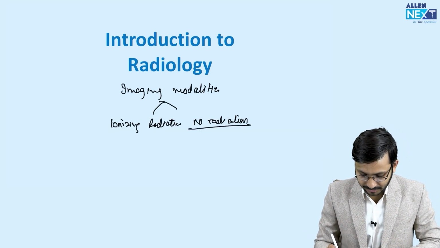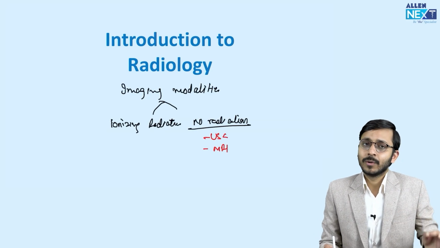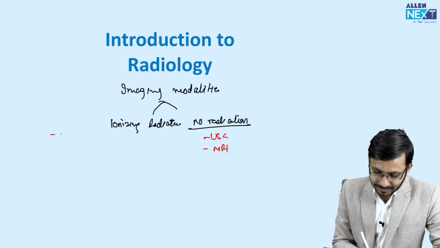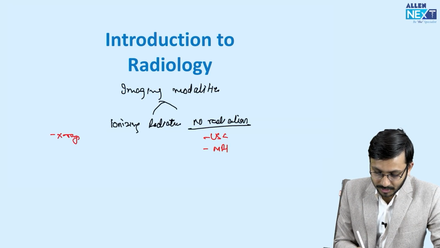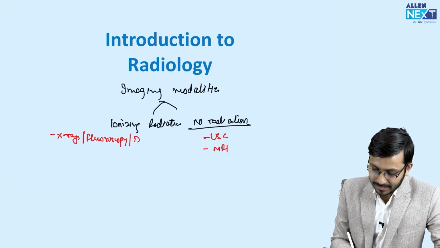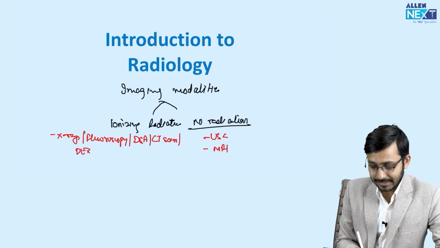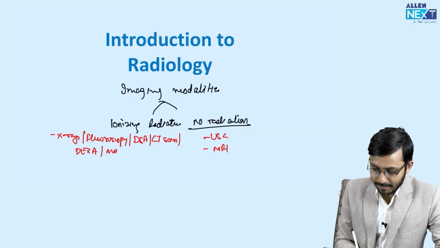These are ultrasound and MRI. And which are the ones that use ionizing radiations? These are X-ray or radiographs, fluoroscopy, which again uses X-rays, digital subtraction angiography, CT scans, DEXA scans, and mammography.